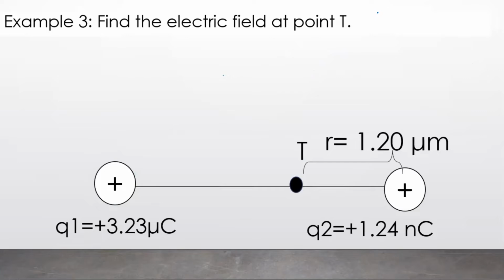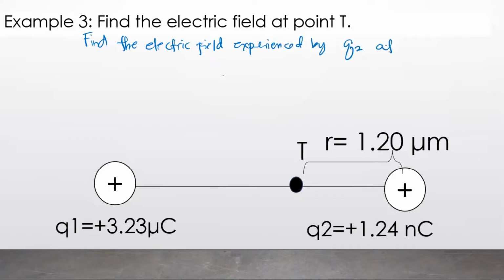Okay, we will restate the problem, because it is too vague. So for number 3, find the electric field experienced by Q2 at point T. Since it says experienced by Q2, which means to say, you disregard Q1.